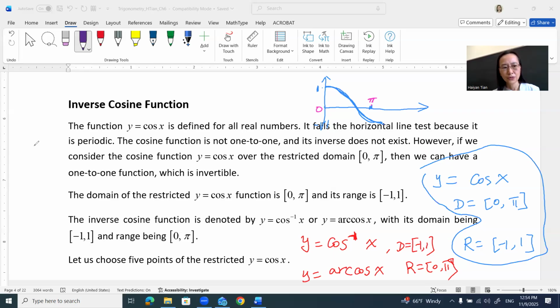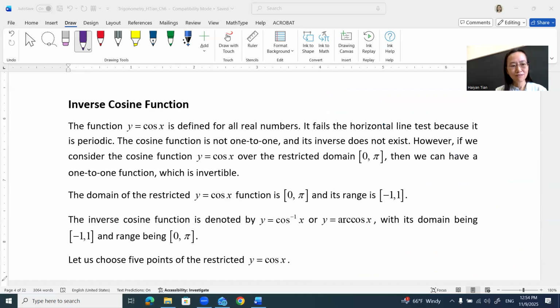This shows the relationship for an invertible function: the domain becomes the range of the inverse, and the range of the cosine becomes the domain of the inverse cosine.